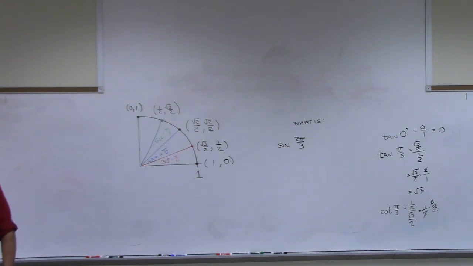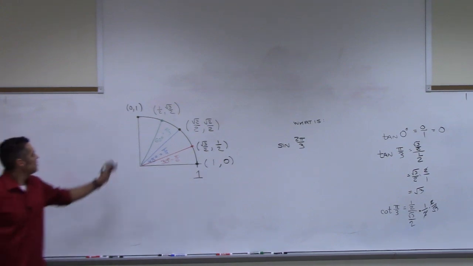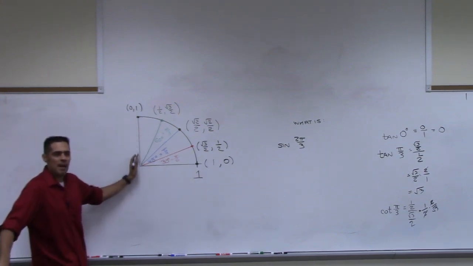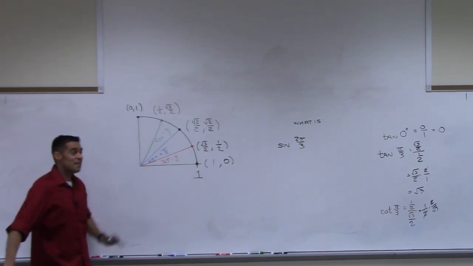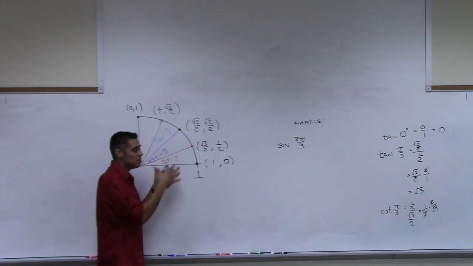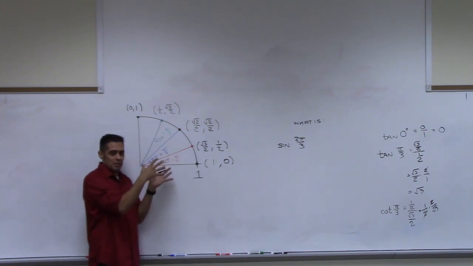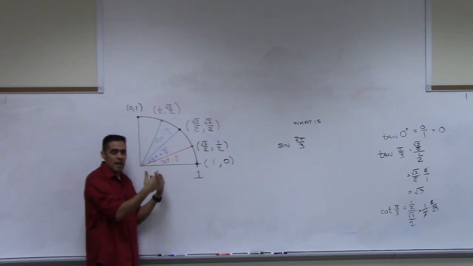So something's different now. What's different? You're going past this. I'm going past this 90 degrees, right? I'm going past this. So I'm now over here, right? I'm trying to tell you right now that all you need to do is memorize this first quadrant.